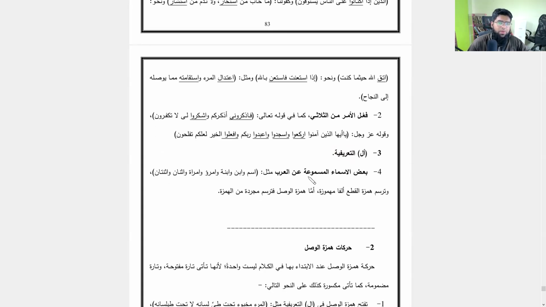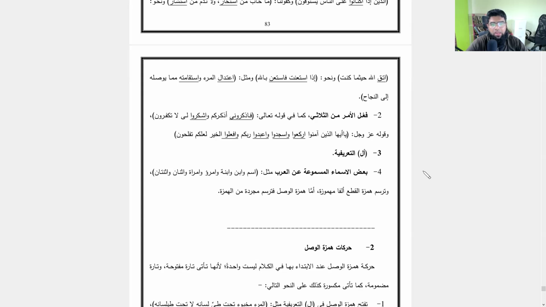Number 4 is بعض الأسماء. So I believe you should remember Hamzatul Wasl is very simple. Wasl comes only in 4 places, you could remember. What is that? Ibn, ism, some nouns. In verbs, amr from 3 letters, that is if'al, uf'ul like unsur, and then from 7 to 10, everything from 7 to 10.